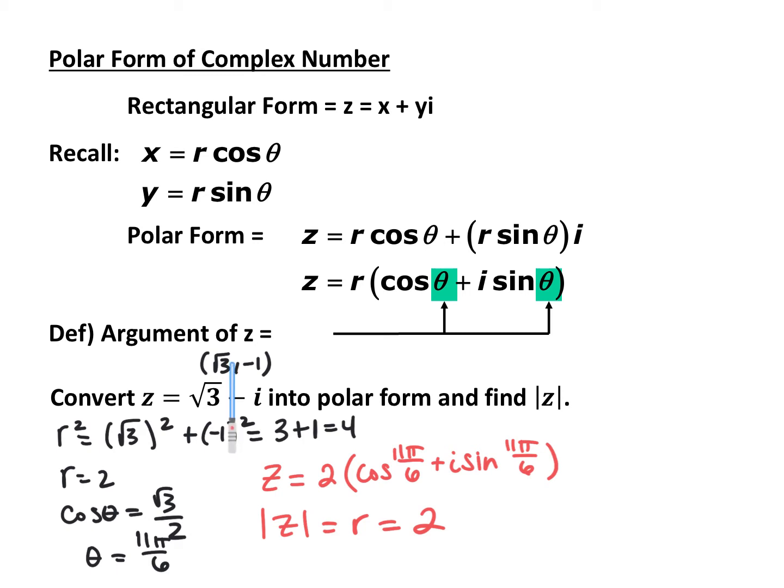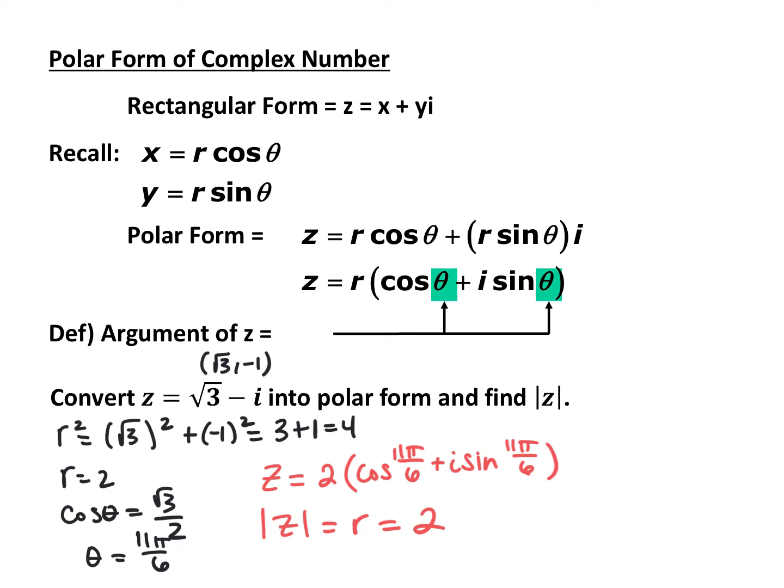I did Pythagorean theorem to find that the radius was going to be 2, and then I said that cosine of theta was equal to root 3 over 2, or x over r. We graphed this on the previous slide. I know that this is in the fourth quadrant, so I need the angle where cosine is equal to root 3 over 2 in the fourth quadrant, because I have a positive x, negative y, and that's going to be 11 pi over 6.